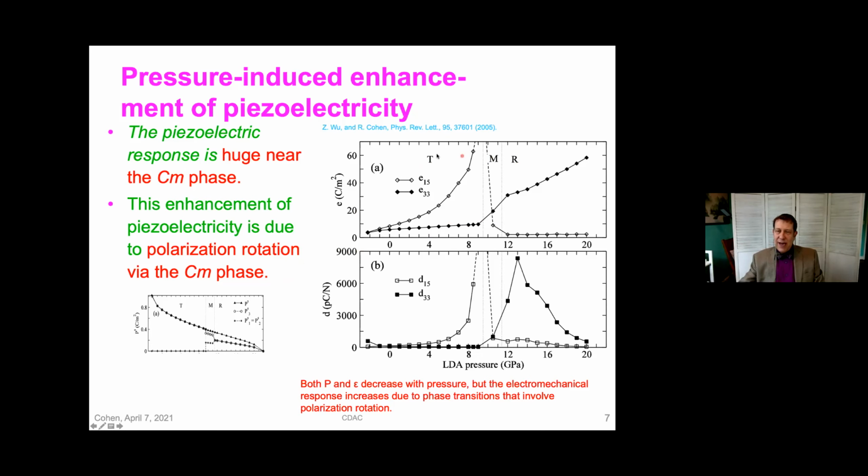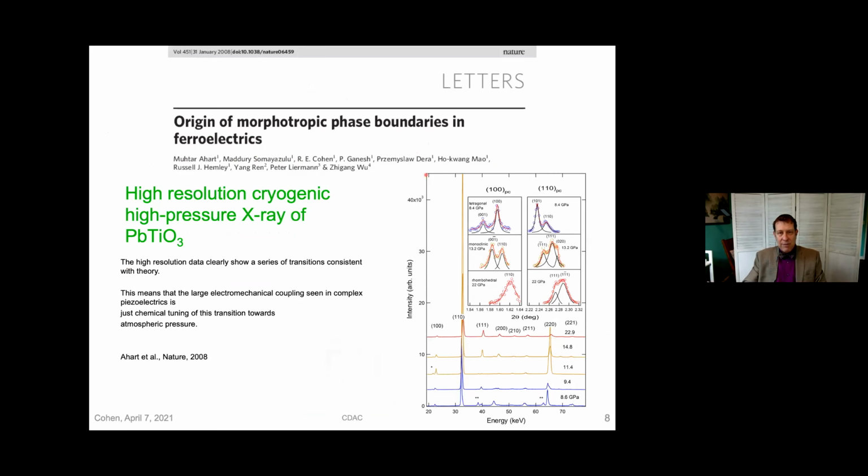And during this rotation of the polarization is when one gets the very high piezoelectric coupling, and that's what we understand now is the origin of very high coupling piezoelectricity, and for example, the single crystal piezoelectrics like PMN-PT and PZN-PT, and further third and fourth generation with other elements doped in as well, that give very easy to rotate polarization direction and then very high piezoelectric coefficients. So all of this was very important from that point of view.